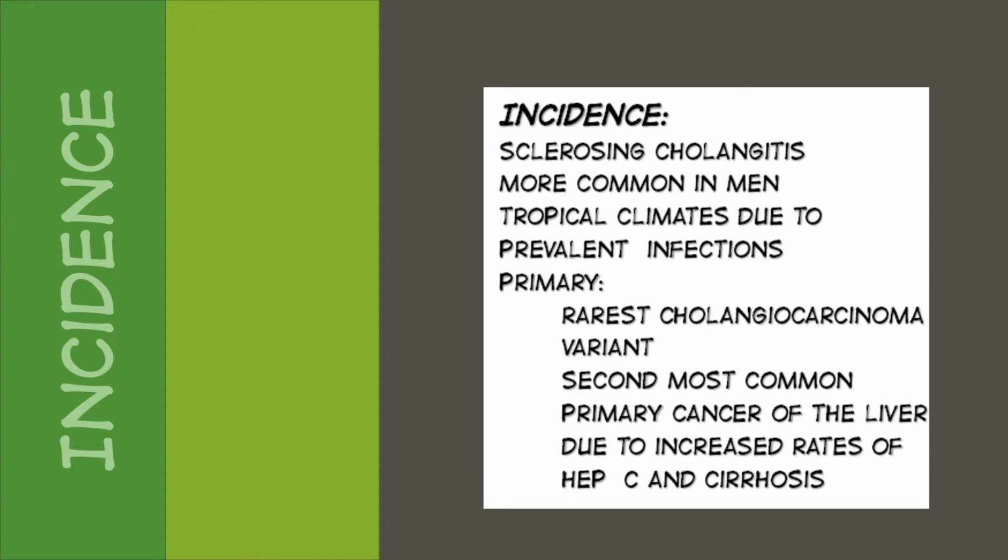Now, when we speak of cancer, we want to think of a primary cancer being originating within the organ that we are talking about. Secondary cancer then is typically referring to some sort of metastatic disease to that organ. So primary cholangiocarcinoma, which is cancer that develops directly in the bile ducts, is actually really, really rare. It is more likely to be metastatic into the bile ducts versus primarily developing in the bile ducts. So that's that first part under primary. If primary cholangiocarcinoma develops, then it is actually the second most common primary cancer of the liver.